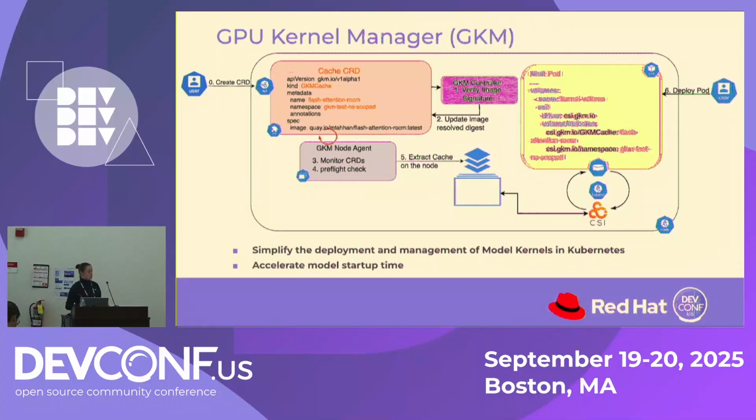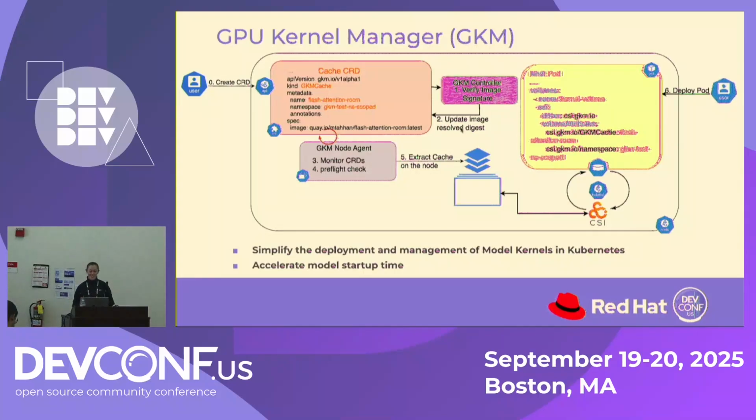So it pulls the OCI container image, it performs pre-flight checks to make sure we're compatible with the hardware on the node, and if we are, it extracts that cache from the container image to somewhere on the node. And just like that, we now have a cache ready to be consumed by a vLLM pod, for example, if it comes up on our system.